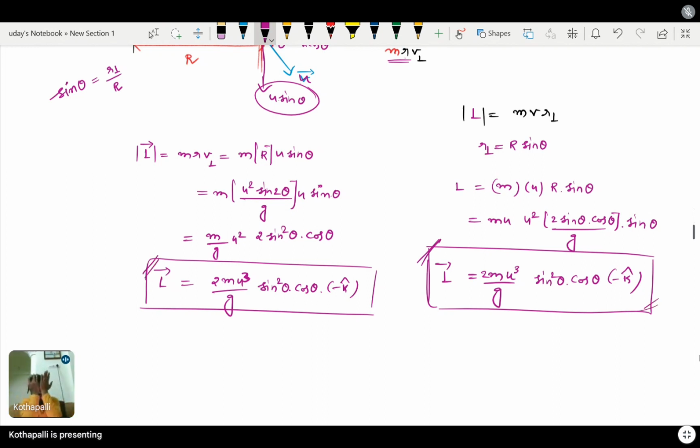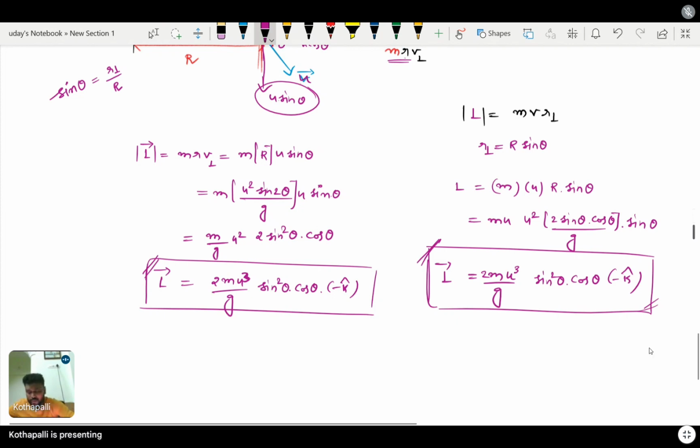So the conclusion of the story is, whatever formula is convenient or easily applicable for the given situation can be used. There is no rule for it. Whatever formula you use according to the given data and your comfort, the answer will be the same if you do it in the right way. Whether you take M R V perpendicular, or M V R perpendicular, or R bar cross P bar, or M into R bar cross V bar, whatever formula you use, the answer will be the same if you do it in the right way.